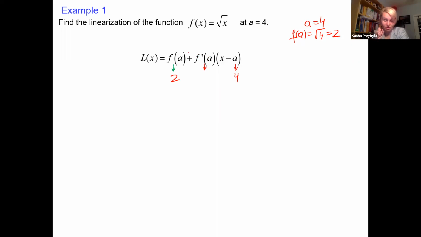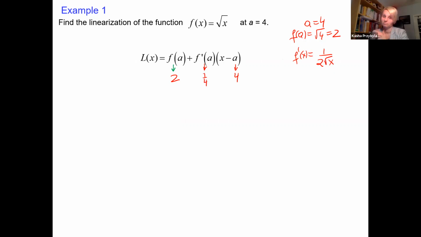First of all, we need the derivative of the square root of x, which is 1 over 2 square root of x, and instead of x, we substitute a, which is 4. Square root of 4 is 2, 2 times 2 is 4. Josh and Noah said the formula, and it's 1/4.